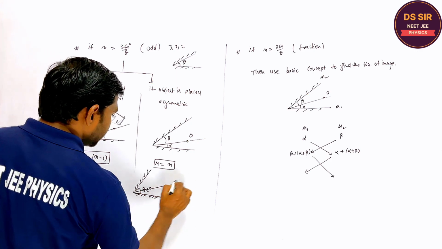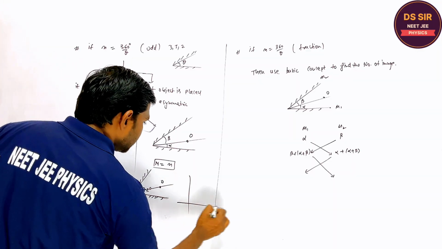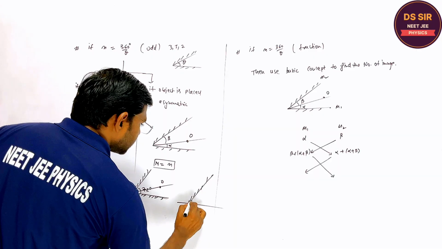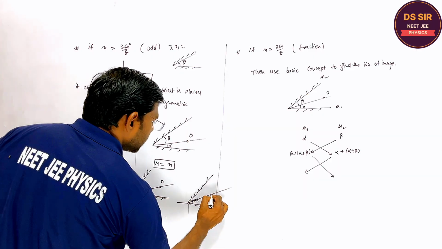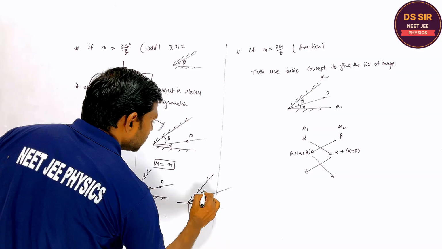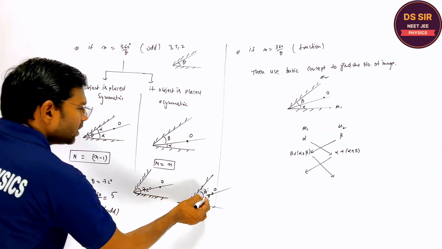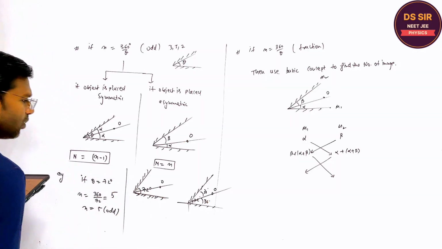If this is the 72 degrees and this is the object, and the object is placed at 36 degrees, is it clear or not? Although all the images will be on the circle, how many images will be there?